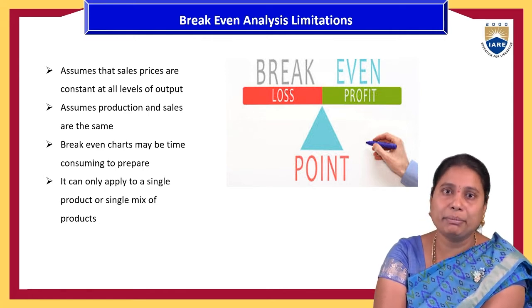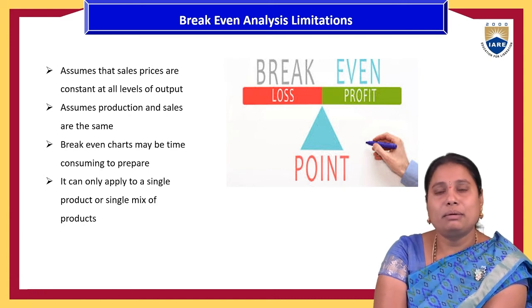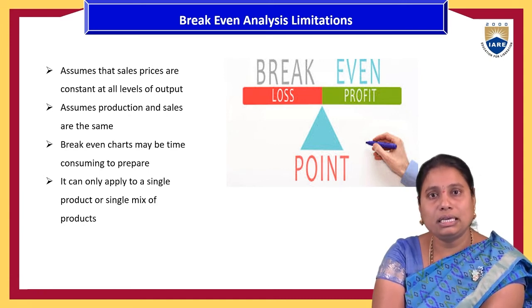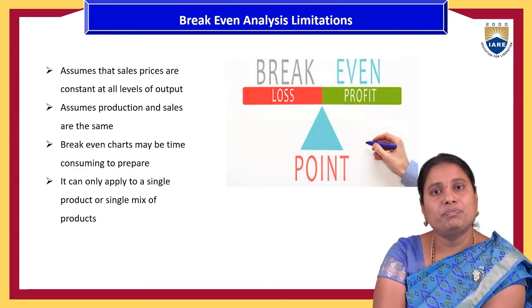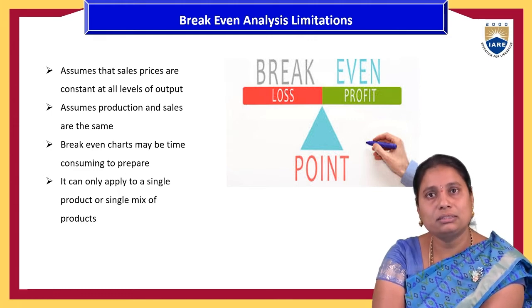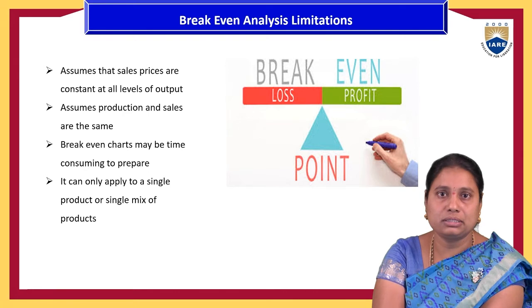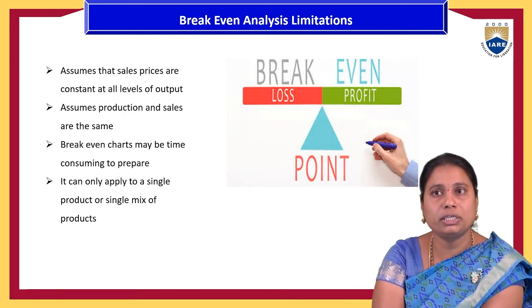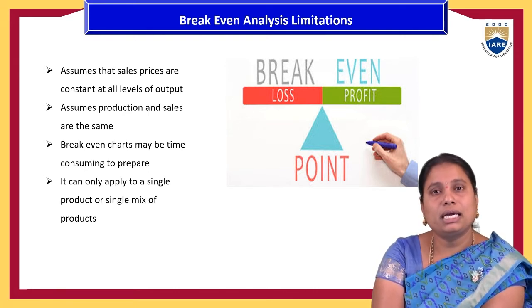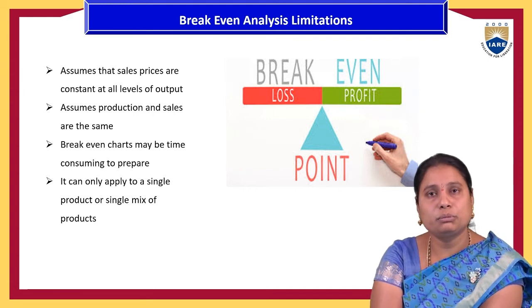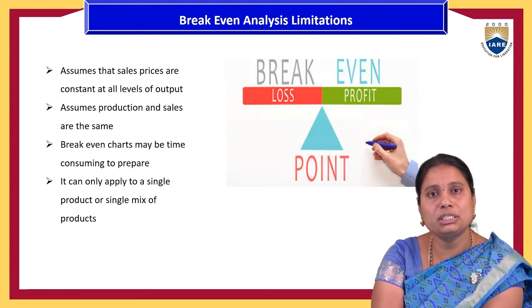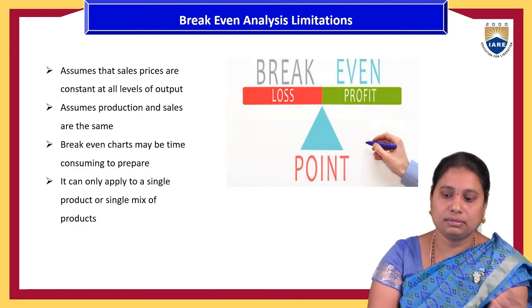Obviously there must be damages and wastages at every production level up to the sales, which is ignored in this break-even analysis. That is one more limitation. And break-even charts may be time consuming to prepare, based on a single product or single product mix. So time consumption, anyhow, it will take some time for the analysis. So these are all the assumptions and limitations of break-even analysis.